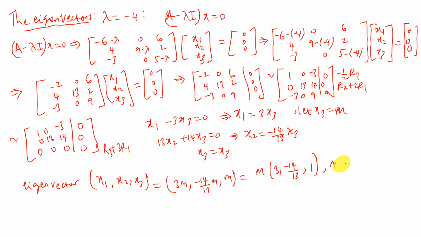The m is arbitrary. So we get one eigenvector for lambda equals minus 4. And then you continue to find the other eigenvector for each one of those.